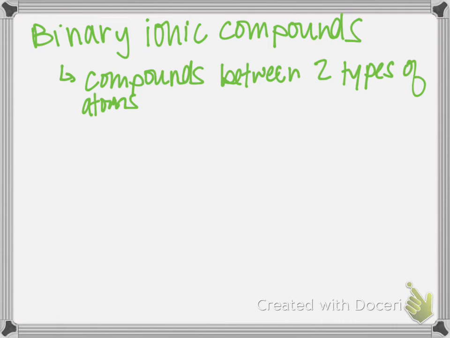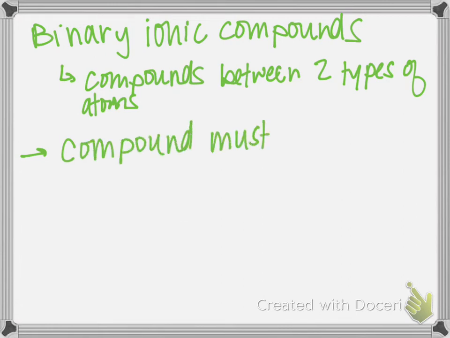The rule for binary ionic compounds, when we build ionic compounds, is that the compound must be neutral. Okay, the compound must have an overall neutral charge.